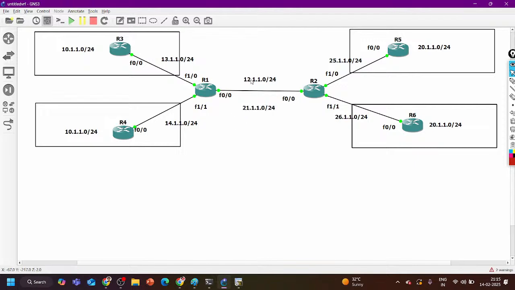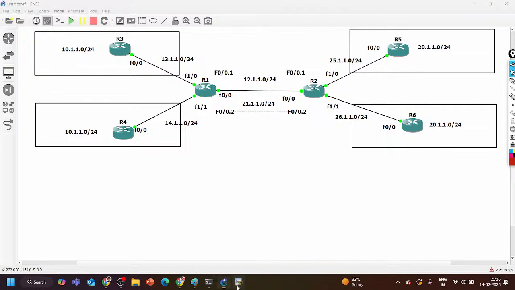Right, where I am going to run this subnet between f0/0.1 to f0/0.1, and 21.1.1.0 on f0/0.2 to f0/0.2.